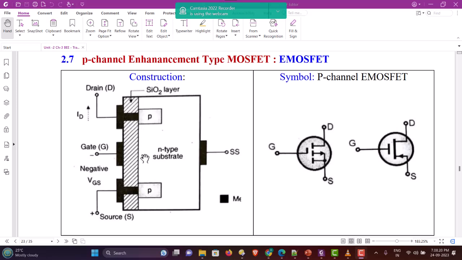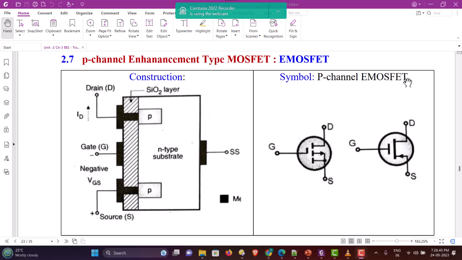The accumulation of P type charge carriers here is called the inversion layer, and that forms a channel. Larger the negative gate voltage between gate and source, larger will be the width of the channel and larger will be the current flow between drain and source if drain to source voltage is applied.